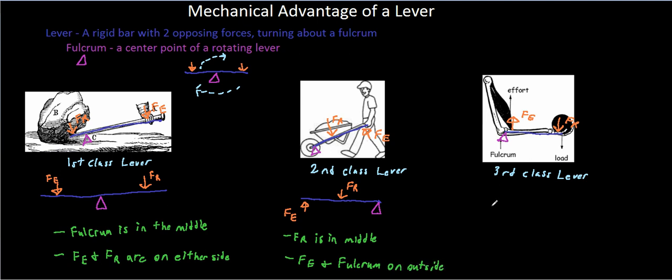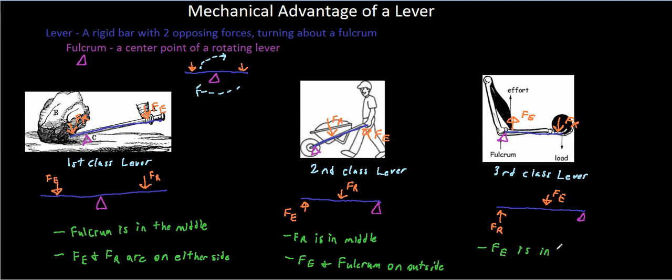Versus a third class lever, where we'll still draw the fulcrum on the outside. It looks very similar to a second class lever, and you might not see the difference at first. But the difference is that FE is in the middle. So at first glance a third class lever looks like a second class lever, but it's actually kind of the exact opposite.